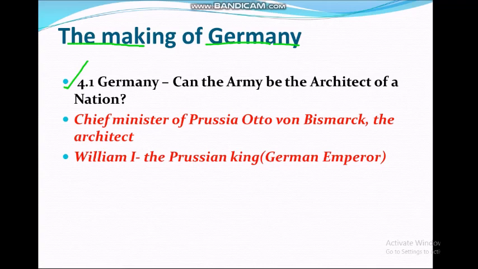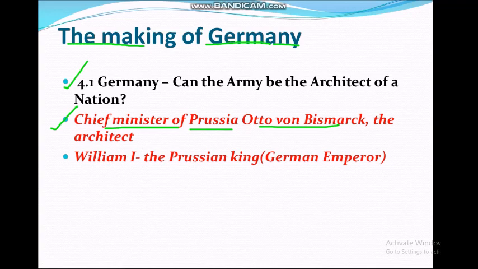Two people are important in this process, and you should not forget their names. The first person who took the lead in this work was the Chief Minister of Prussia, Otto von Bismarck. This person was very important behind building modern Germany.